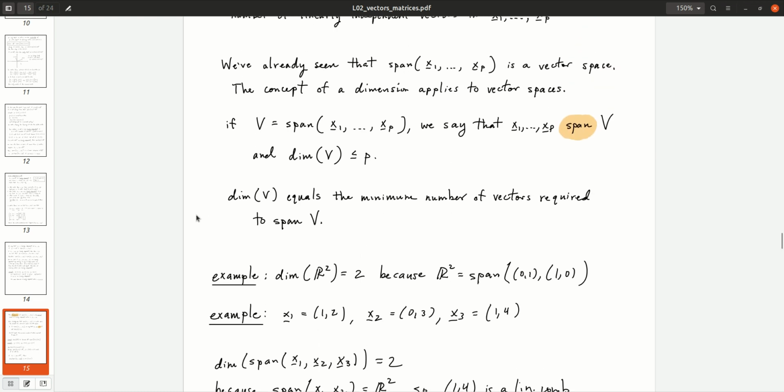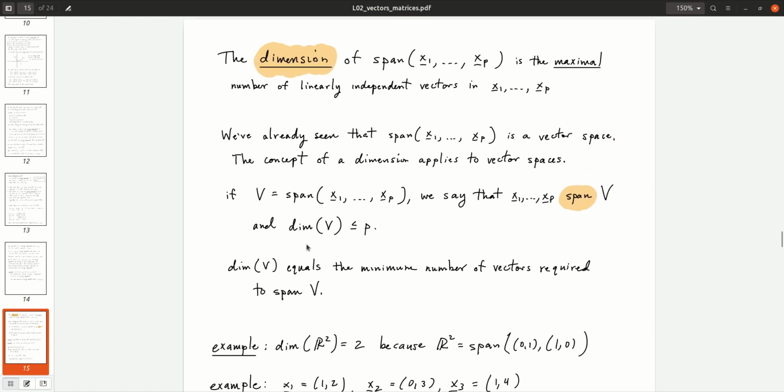That's just because of this definition of the dimension of a vector space: the dimension of V has to be less than or equal to the number of vectors that were given in the definition as the span of that set of vectors.